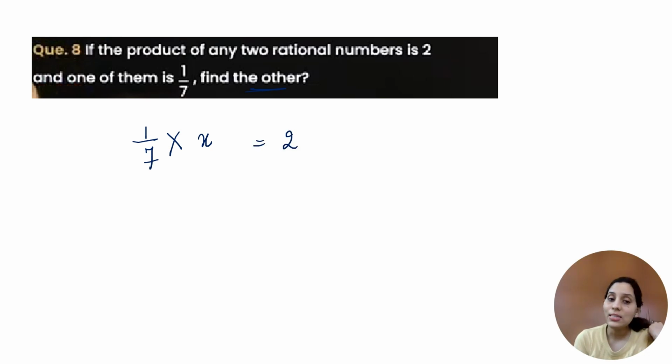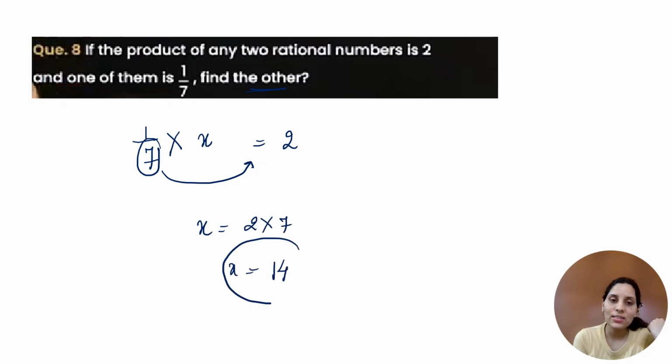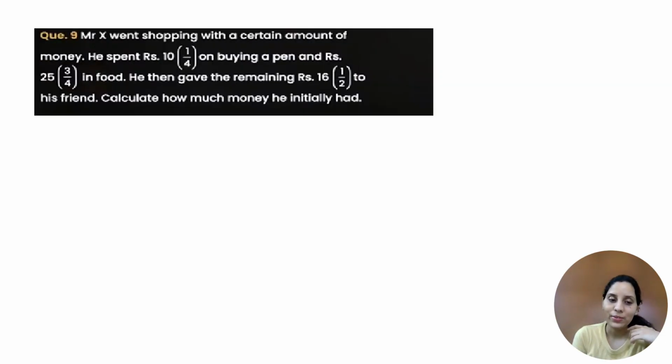Since 7 is dividing, when I take it to the other side, it multiplies. So x is equal to 2 into 7. x is equal to 14. So this is the second rational number. As you know, all the natural numbers are rational numbers because 14 can be written as 14 by 1.